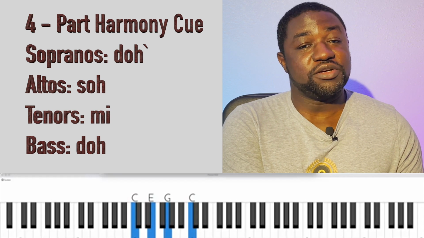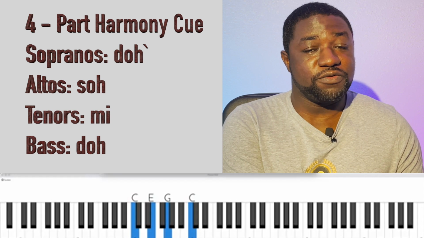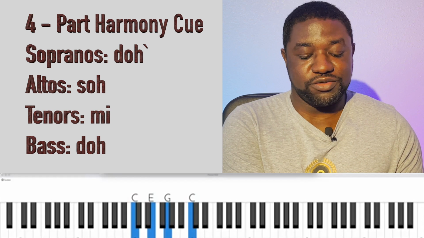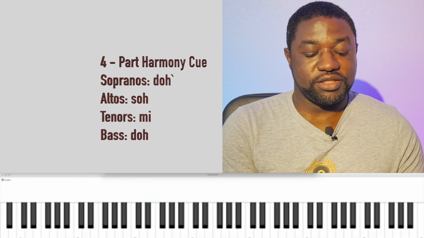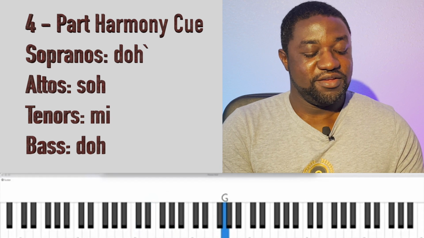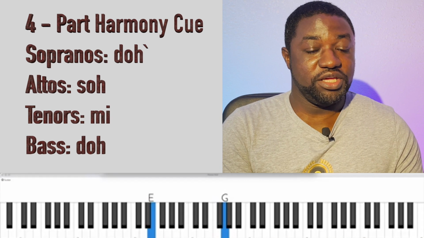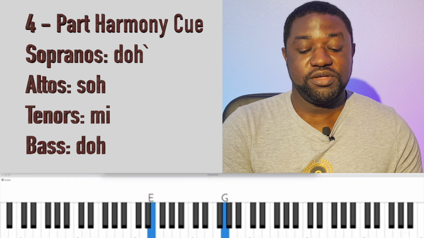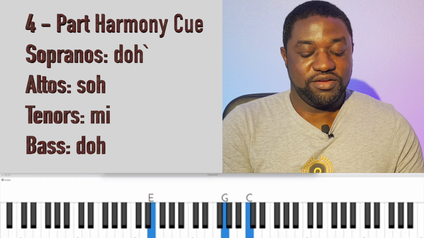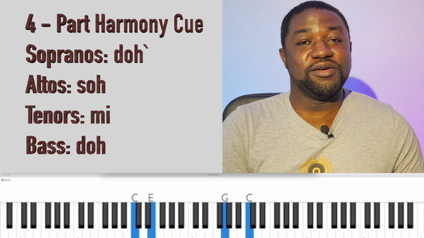Now if we move it an octave higher to make it more comfortable for altos and sopranos, excuse me, so it's gonna be like this. So, altos, tenors, mi, sopranos, do, and then the bass coming do.